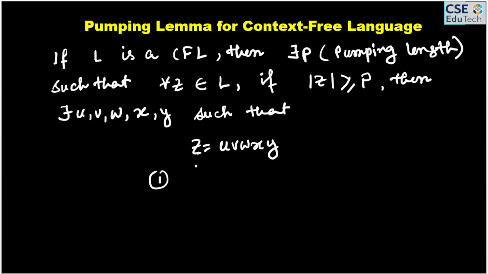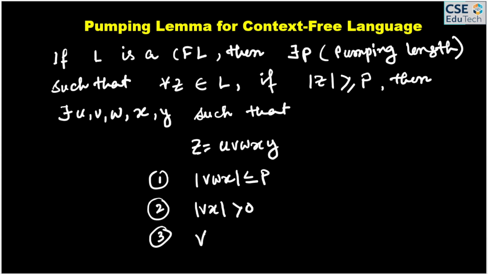So the conditions are: Number 1, the length of V, W, X should be less than or equal to the pumping length. Number 2, the length of VX together is greater than 0; both V and X simultaneously cannot be 0.